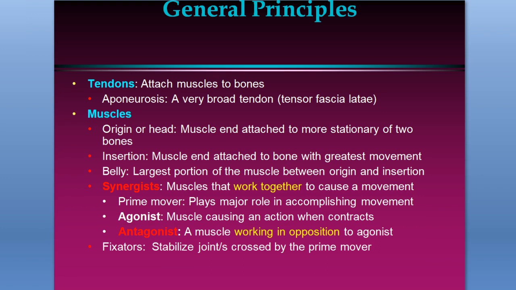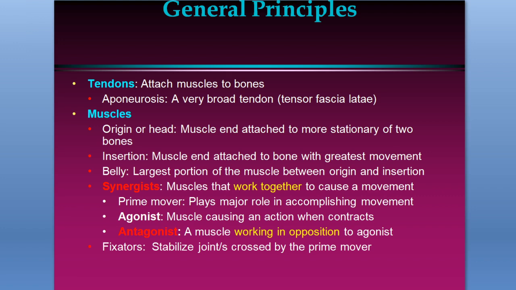So these tendons attach the muscle to the bone. Muscles all have an origin and an insertion. Remember, an origin is that muscle part that attaches to the more stationary bone. The insertion is that part of the muscle that attaches to the more movable bone.